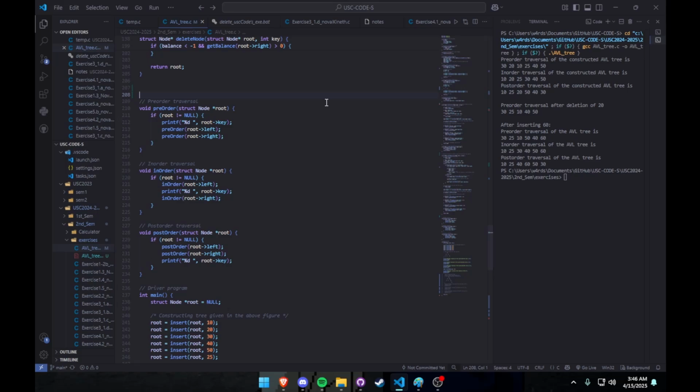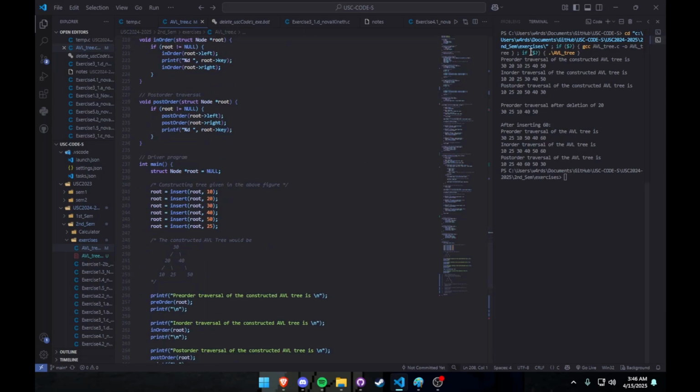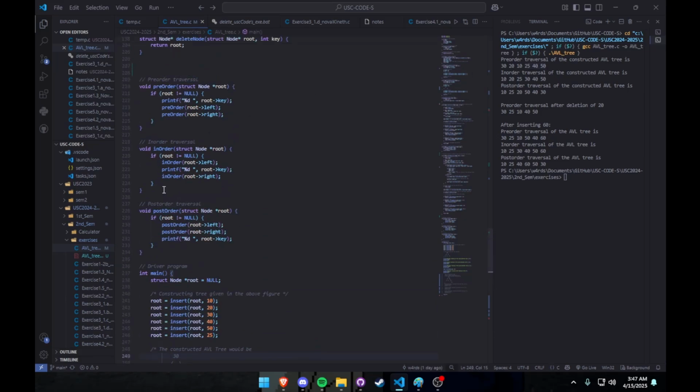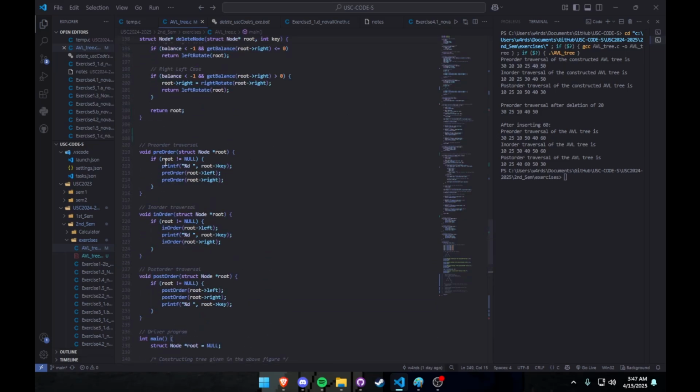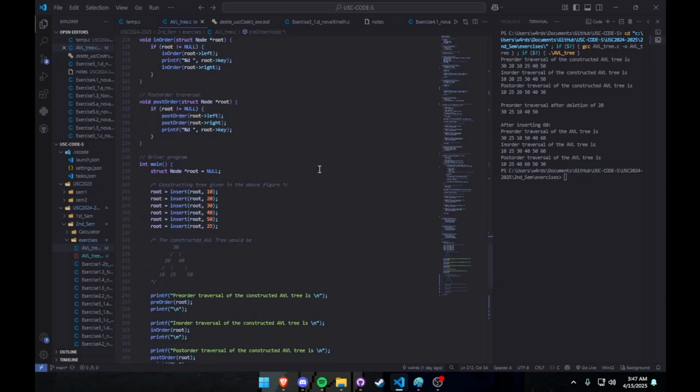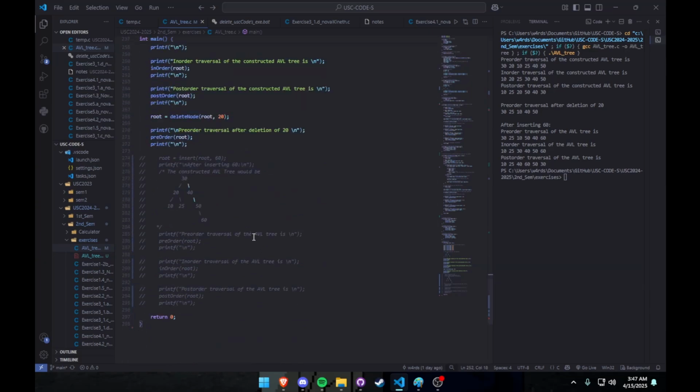It's going to display the root, which for example in pre-order is 30 first, because in pre-order the root is first, so you print the root first and then you move to the left, which is 20. Move to the left, 10, and that's basically it. So let's just ignore this part.